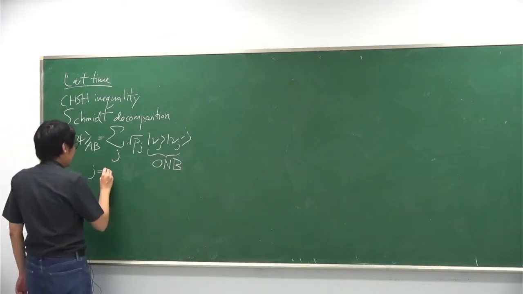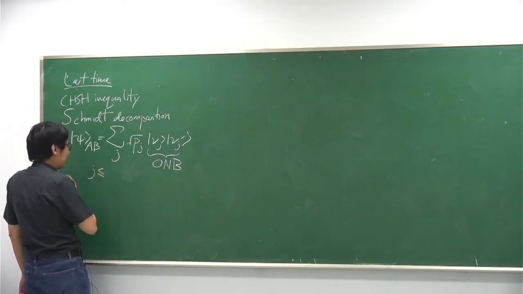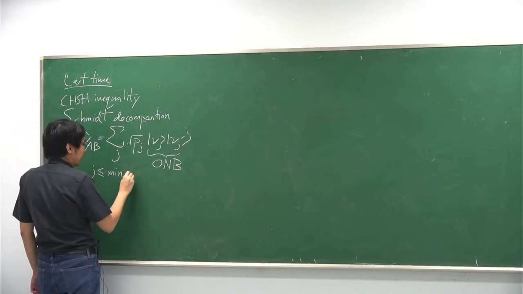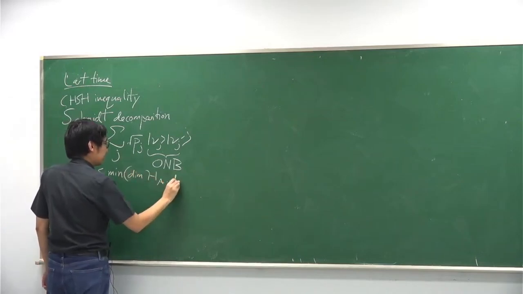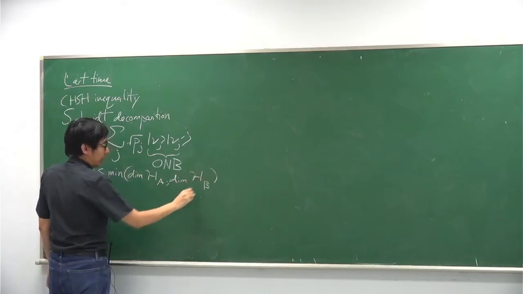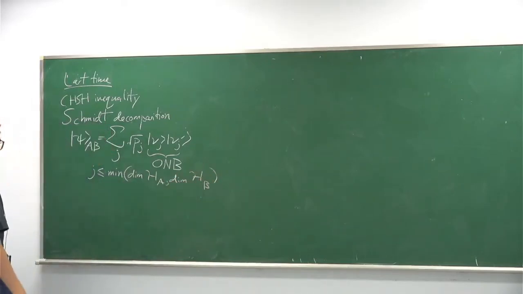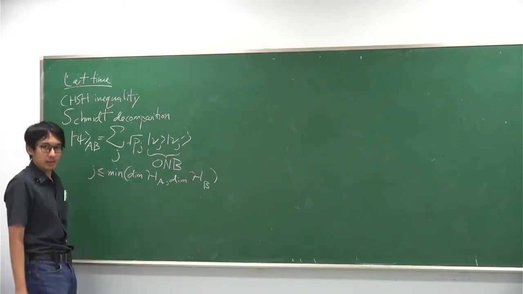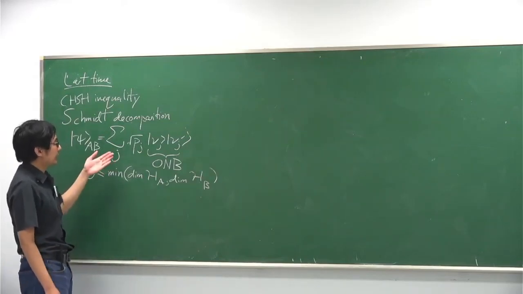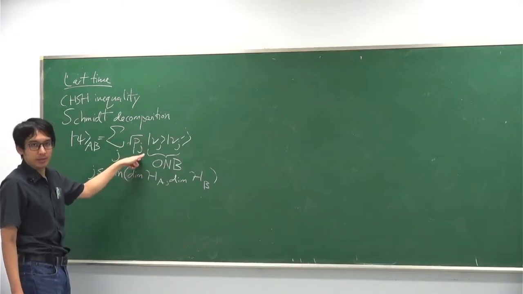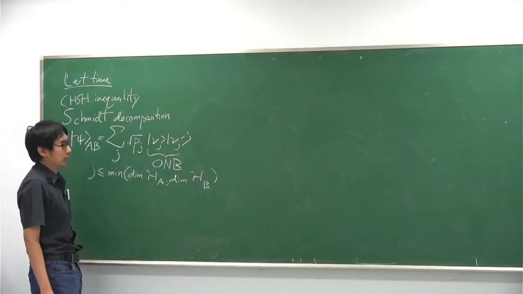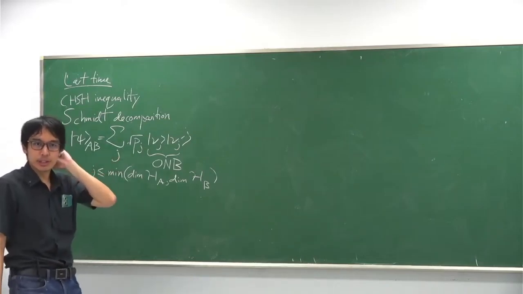And this is at most, I'm not sure if last time I wrote an equality sign here, but J is at most the minimum dimension of the two Hilbert spaces. But it can be less than that. To be precise, I can say that these are in A and B, but some of the p_j can be 0. But those ultimately wouldn't impact the sum.